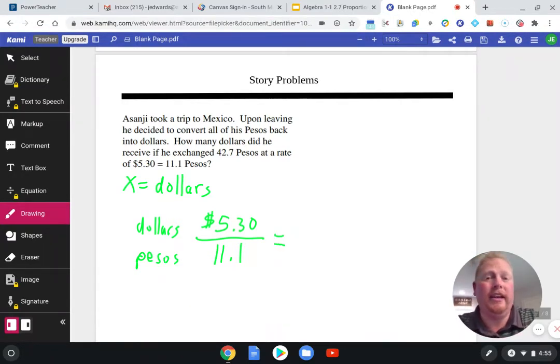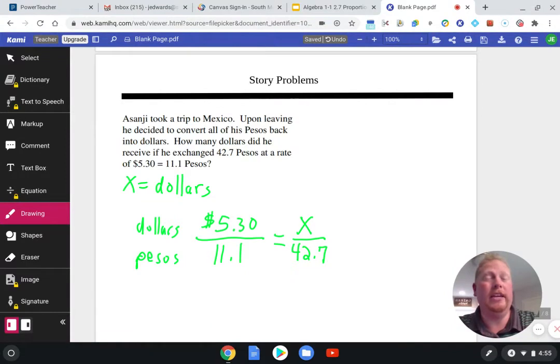So when I set up my second fraction, I have to follow that same order. Put the dollars on top and put the pesos on bottom. So how many dollars? I don't know. That's my variable. But he exchanged 42.7 pesos. Now that's a good setup.